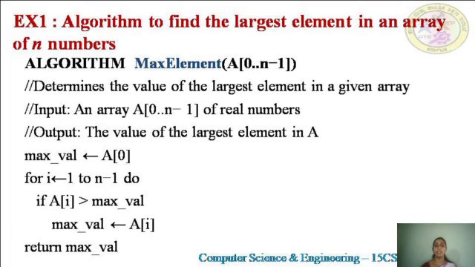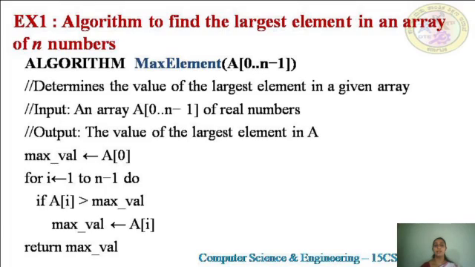Initially, we initialize the variable max_value with the first element. Then we enter the for loop where i takes the value from 1 to n minus 1.